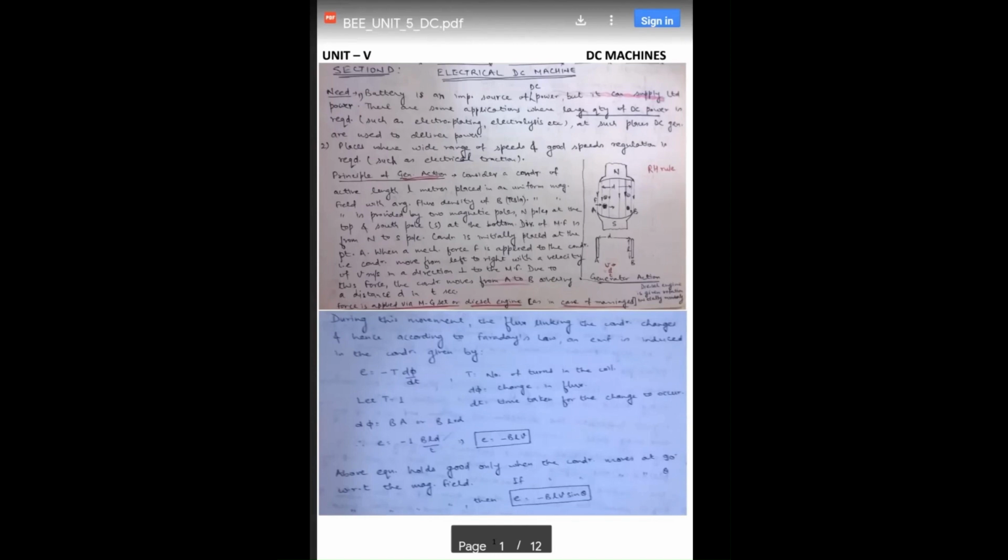So if we are required to have a large magnitude of power, we require a DC generator.